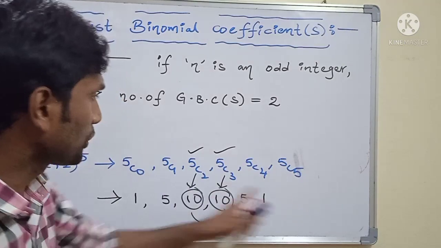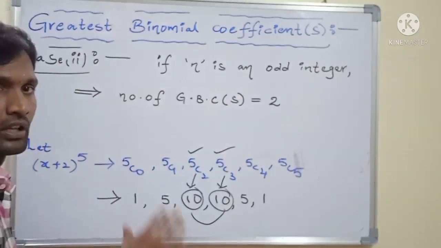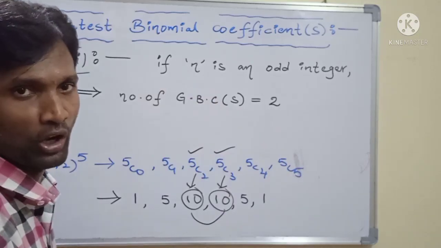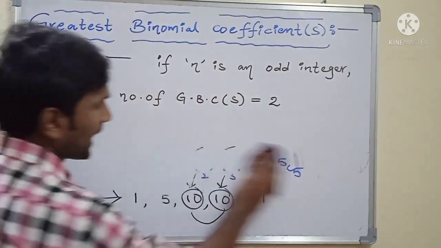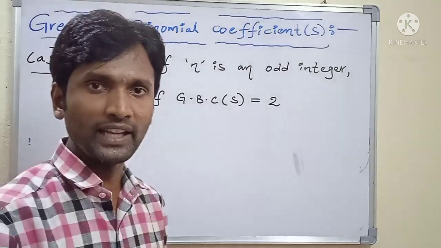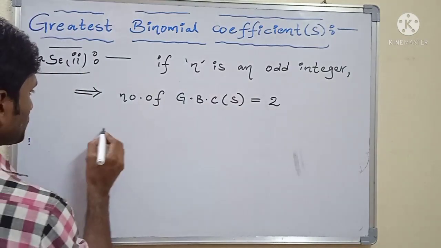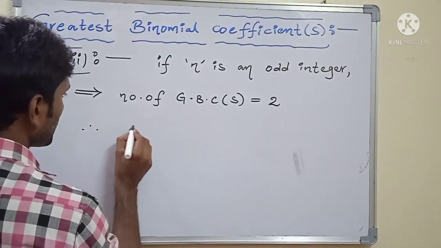But without using this expansion process, for finding greatest binomial coefficients, we have a direct formula. What is the direct formula for identifying greatest binomial coefficients?